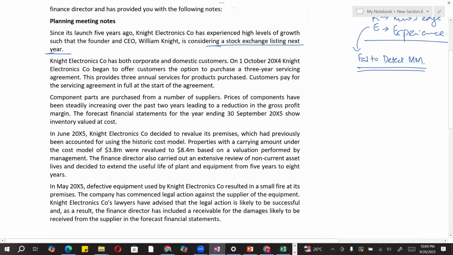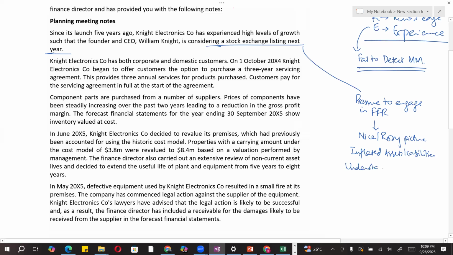Now, if they're considering a stock exchange listing, then they might be under pressure to engage in fraudulent financial reporting so that they can show a nice, rosy picture: inflated numbers, inflated assets and income, sorry, and understated liabilities and expenses.